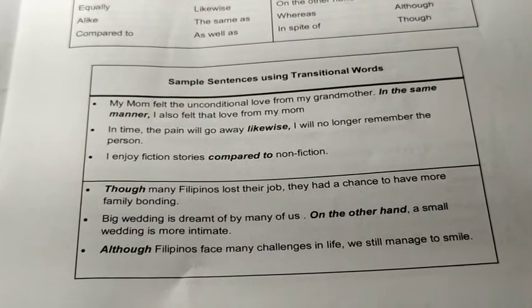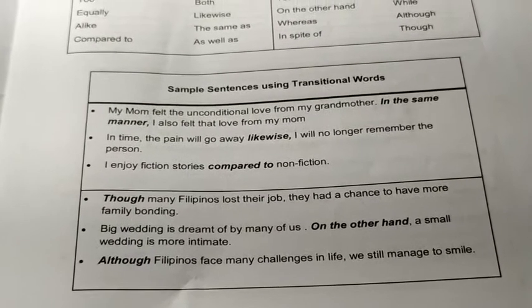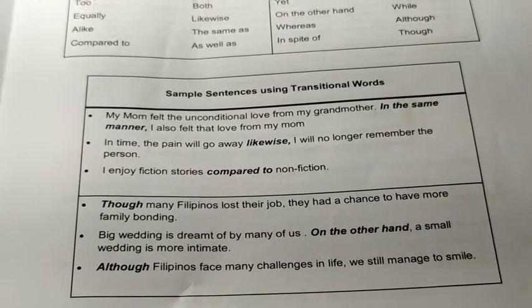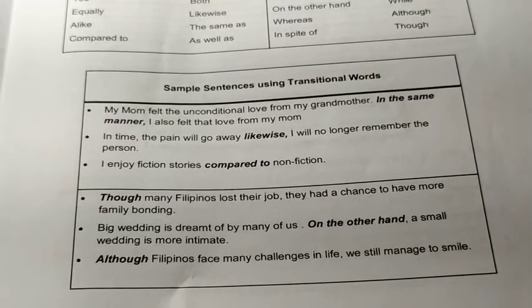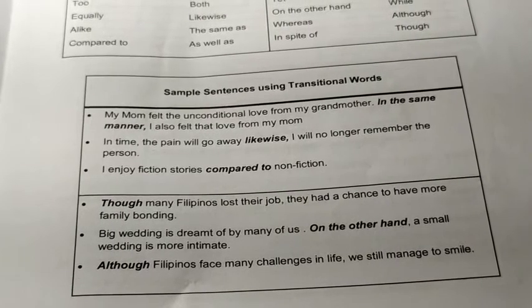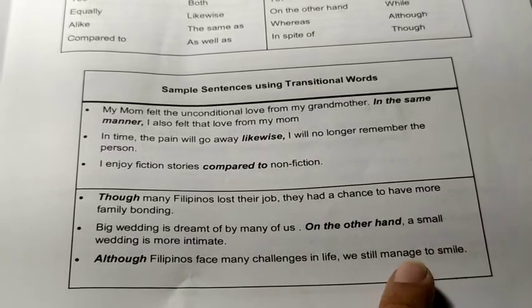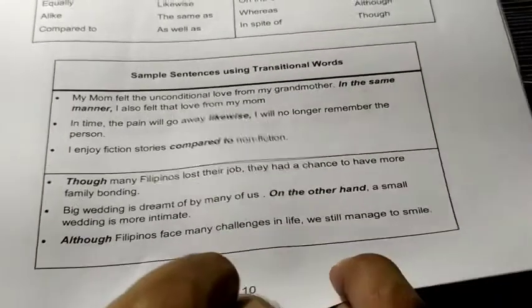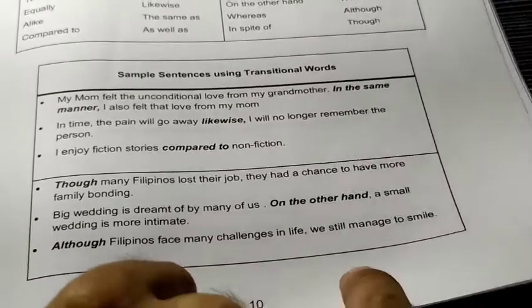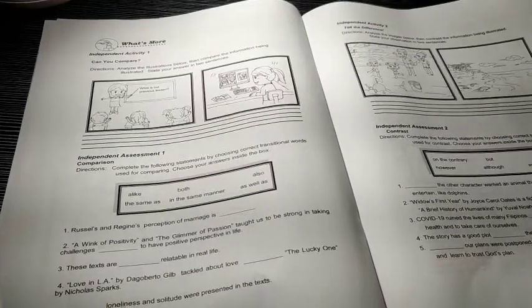On the other hand, small wedding is more intimate. So they are different, big and small wedding, but they are both explained. Although Filipinos face many challenges in life, we still manage to smile. So facing many challenges in life, it is negative. We still manage to smile, it is positive. So they are contrast.